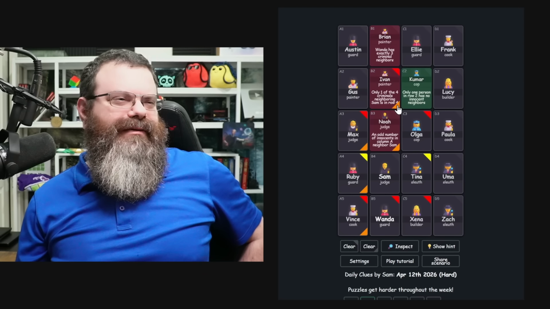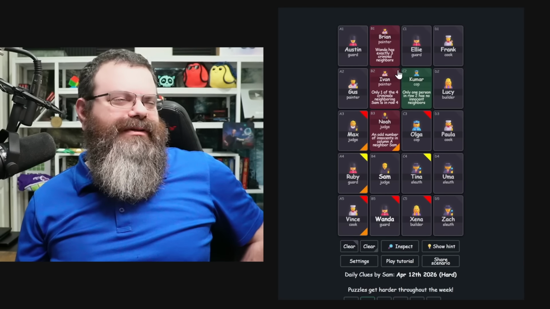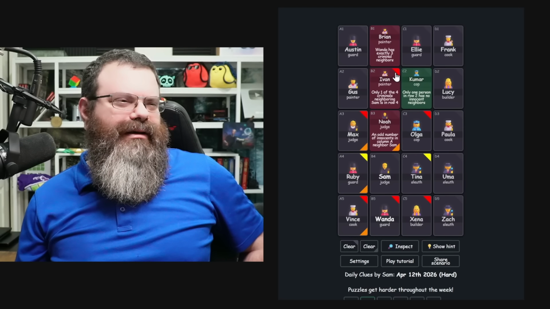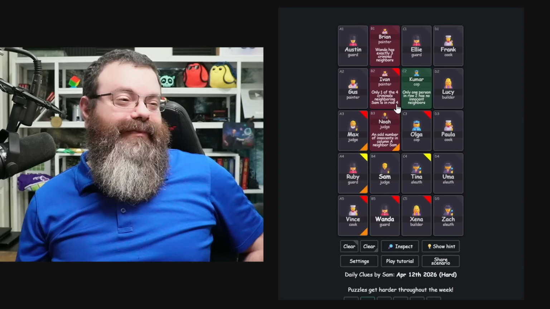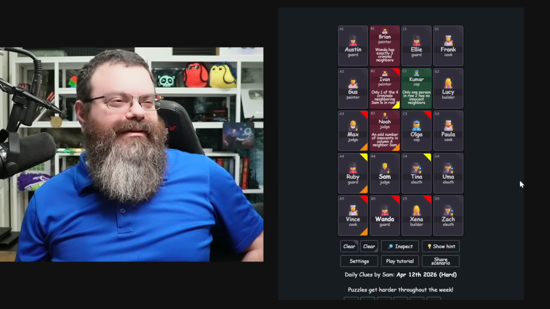How do I get rid of it? This one? This top one? It doesn't work. Okay. One of four criminals neighboring. So Sam has four criminals neighboring. That's our red. And our yellow. I guess that determined red and yellow. So if I need to reference what yellow means, I can look at this clue.